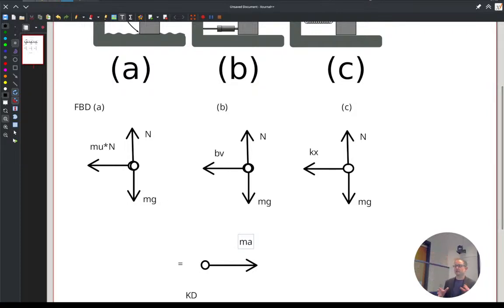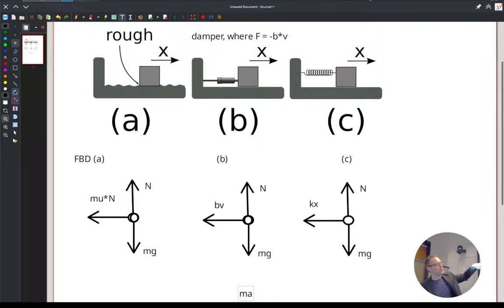In order to set up our differential equations, we're always saying MA is the positive, because it's just a description of, if I measure acceleration and it's positive, this is the way that it would go. In this case, we have a constraint that it can't move up and down, but it can move left and right. So the acceleration will be to the left, but what we'll end up doing is saying that MA is a negative value.